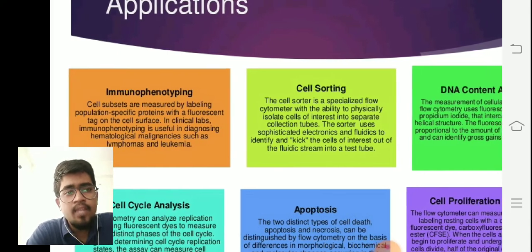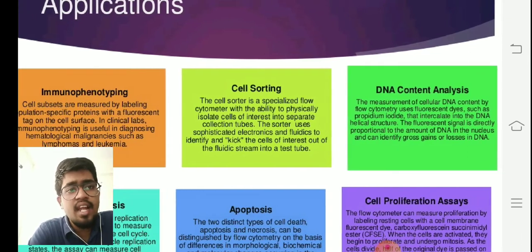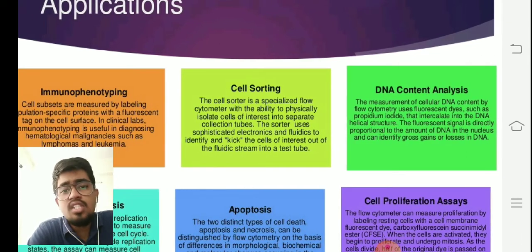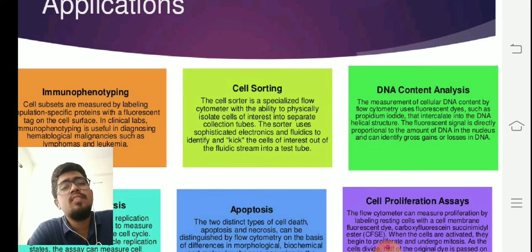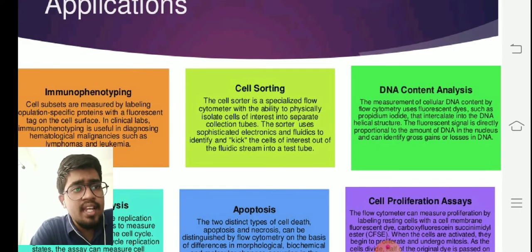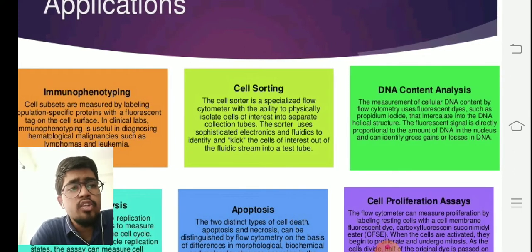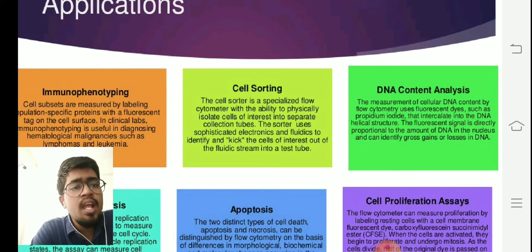Then talking about DNA content analysis, the measurement of cellular DNA content by flow cytometry uses fluorescent dyes. Very important, guys. DNA content analysis is commonly used in flow cytometry, and it uses fluorescent dyes such as propidium iodide that intercalate into the DNA helical structure.